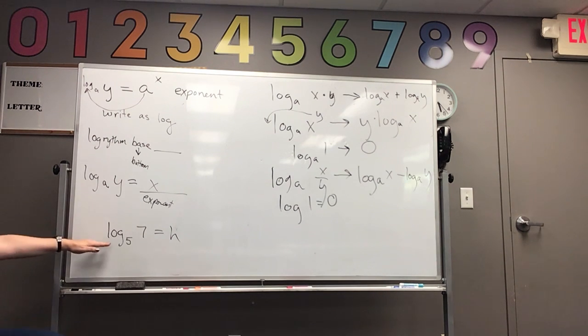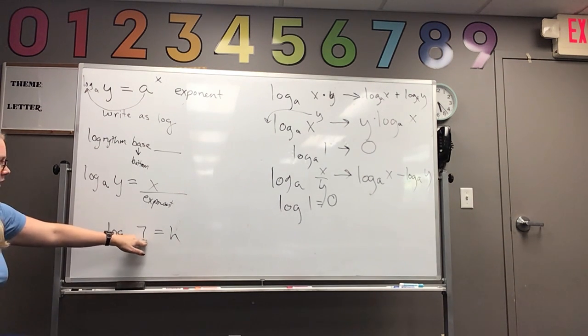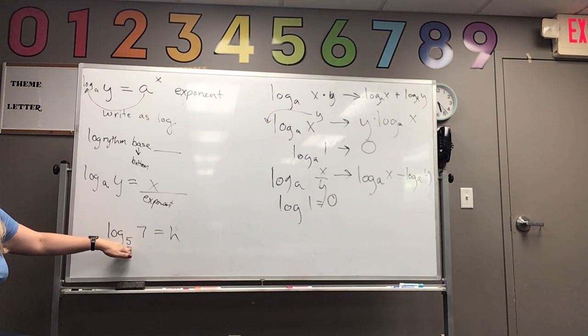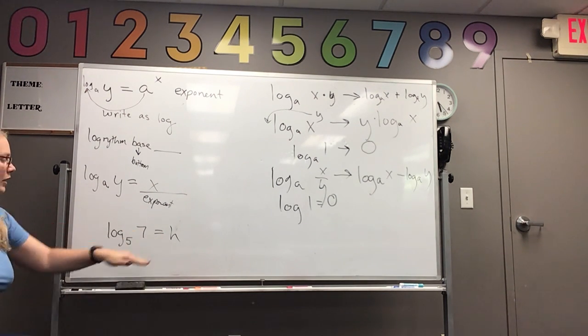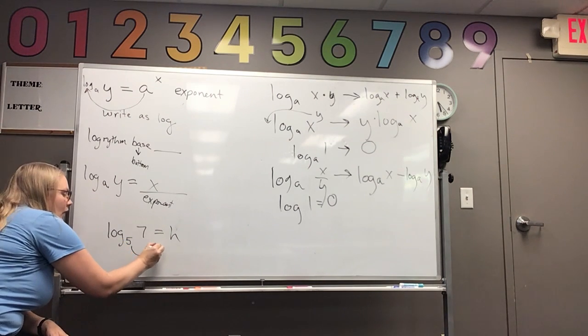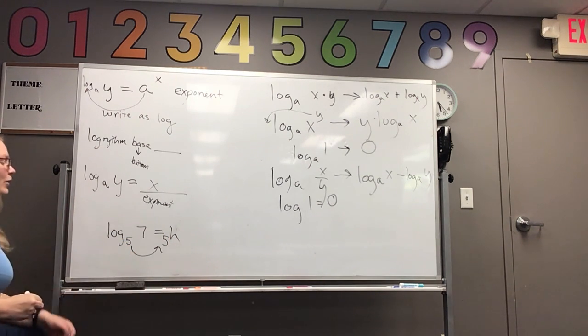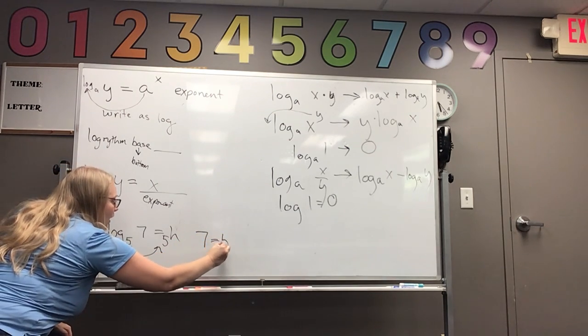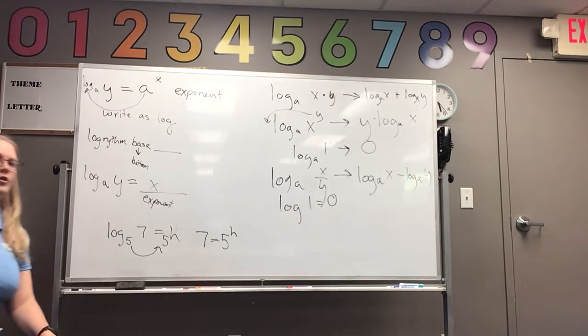So again, we read this as log base 5 of 7 is h. The base 5 goes on the bottom. And so the 5 will go there, and we will have 7 is equal to 5 to the h power.